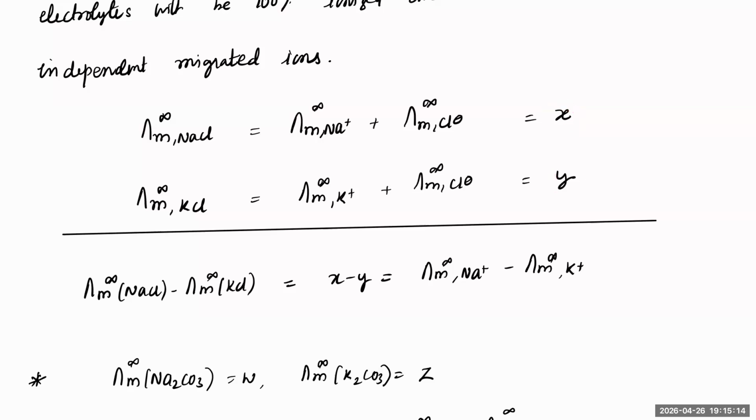You can see now this Cl value can be cancelled off. Why? Because it will be the same value whether you are getting it for NaCl or from KCl. So every ion will have a specific value of lambda m infinity. That means at infinite dilution, they will have a specific value as they are behaving completely independently.